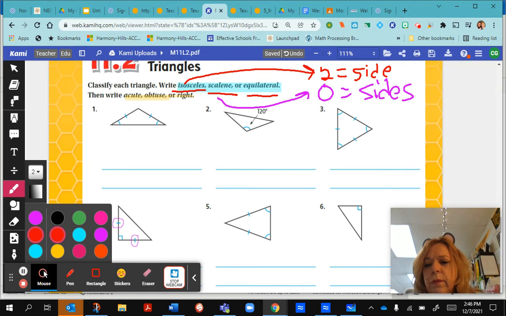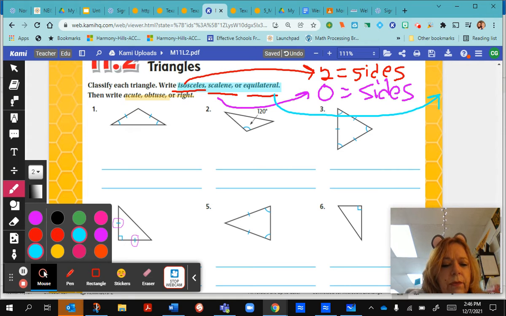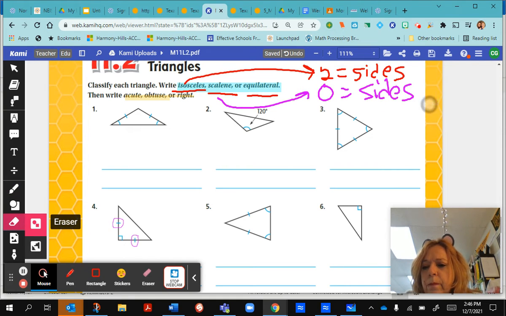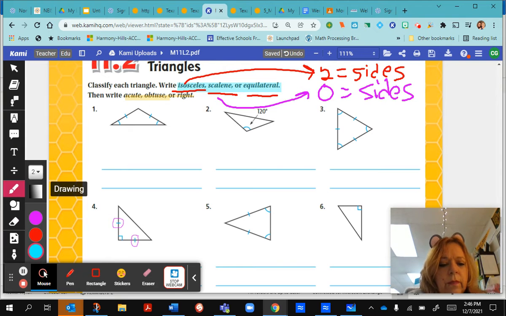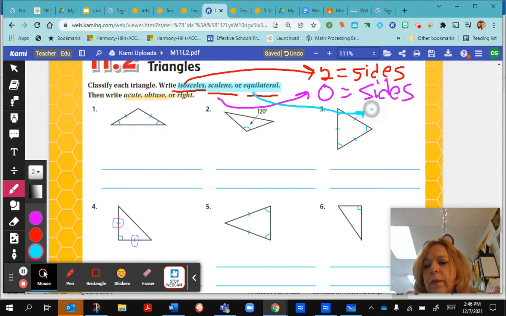And an equilateral triangle has all equal sides, right? Three equal sides.